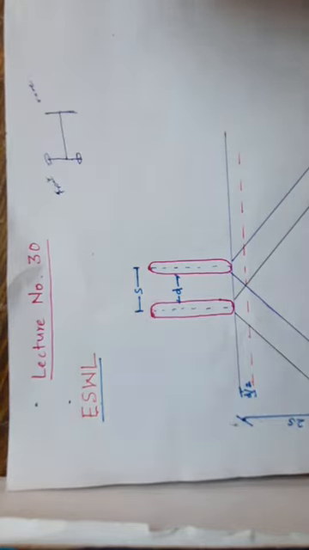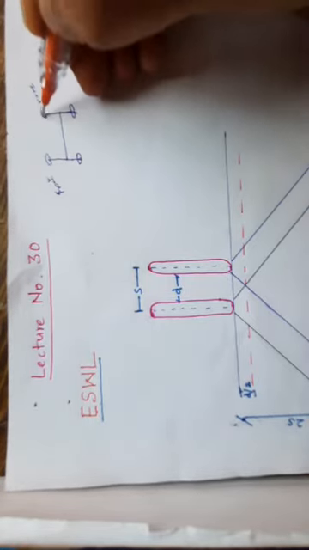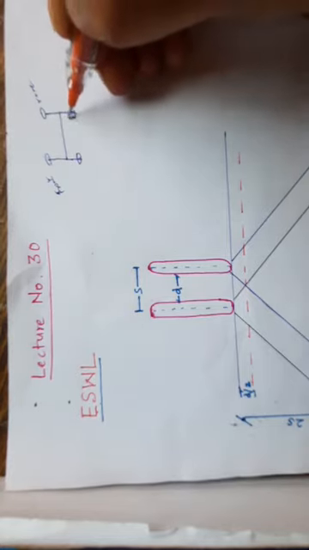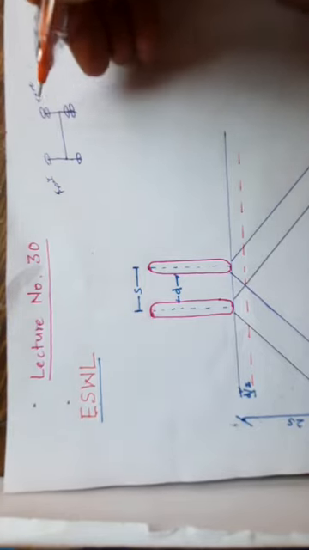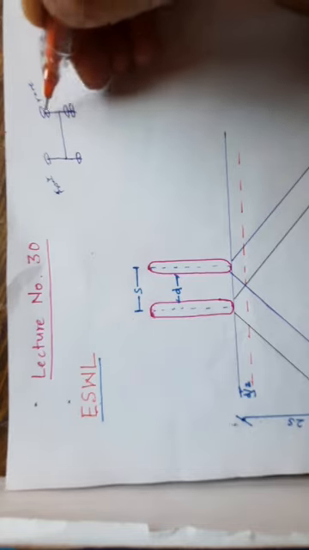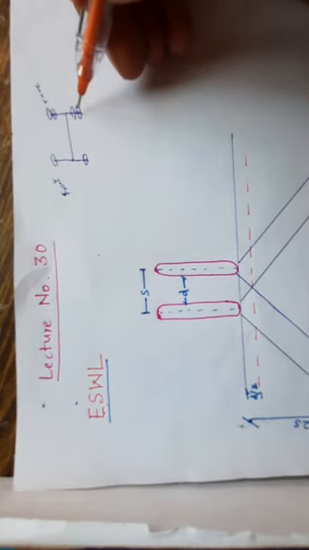In the rear, sometimes we have a single axle with two wheels, and if we add one more wheel, it is a single axle with dual wheel. So here you have a dual wheel and here you have a dual wheel. This setup we call a dual wheel assembly.